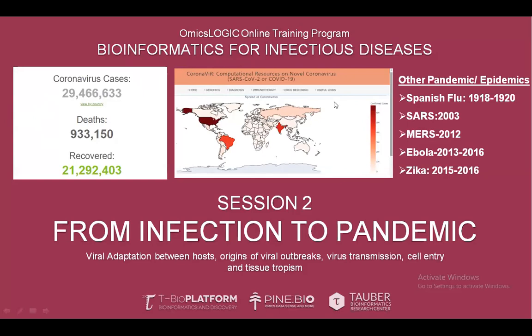In history there are various other viral infections that contributed, like the Spanish flu almost a century ago, which was one of the major pandemics. Then the other epidemics: almost 2 decades ago it was SARS, almost a decade ago it was MERS, and from 2013 to 2016 it was Ebola.